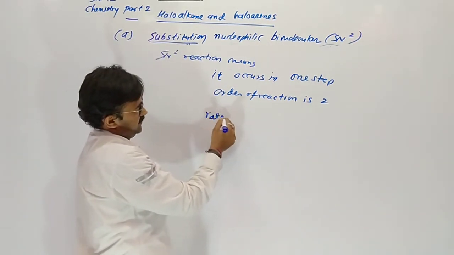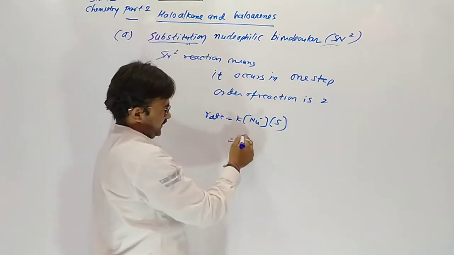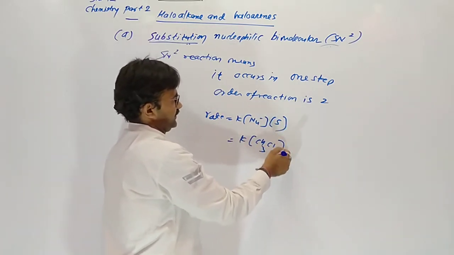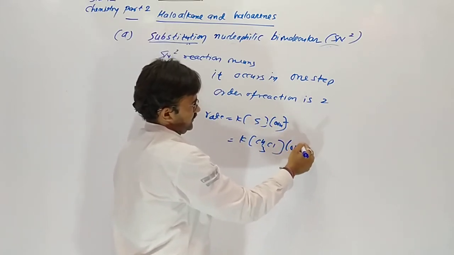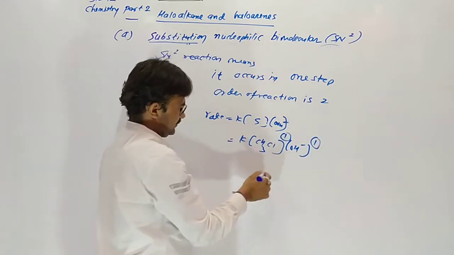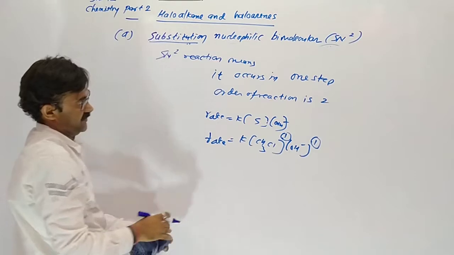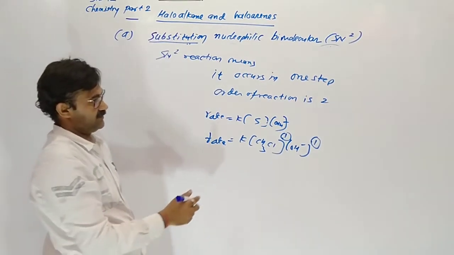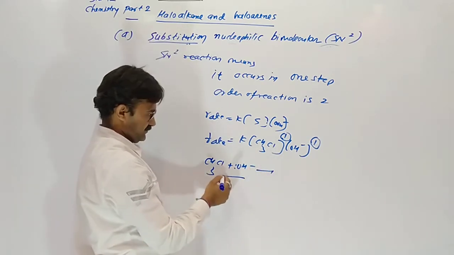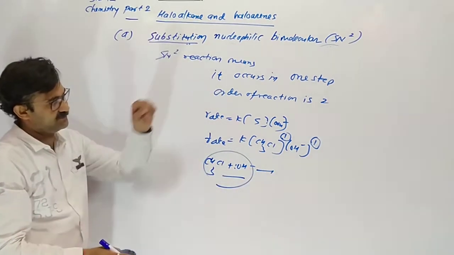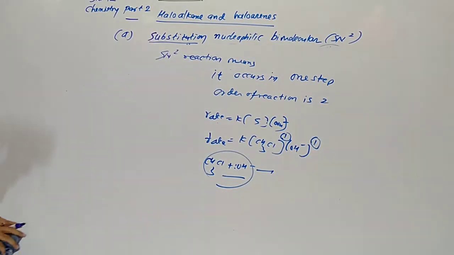Rate equals K, nucleophile and substrate. Means in the case of methyl chloride and OH minus, both are needed to do this reaction. So order of reaction is 2, so SN2. In this step, two molecules collide with each other. So molecularity is 2, order of reaction is 2.